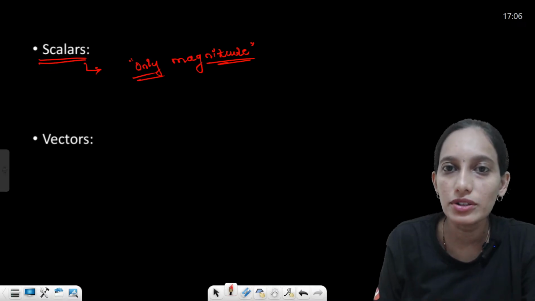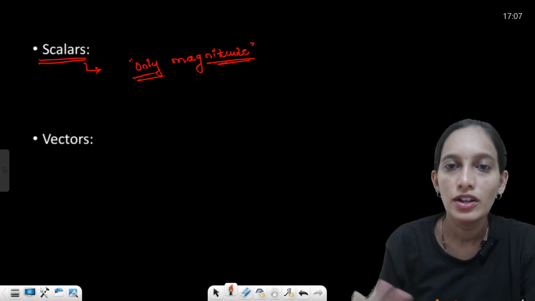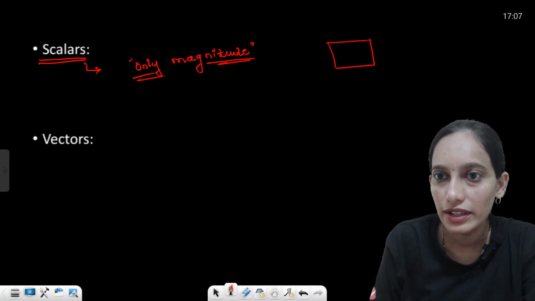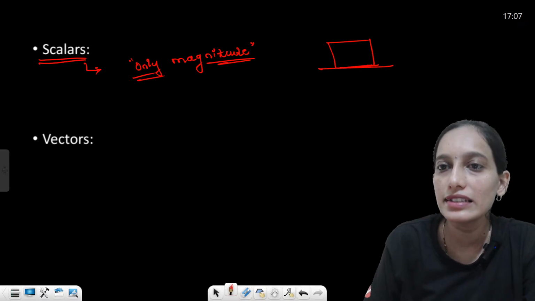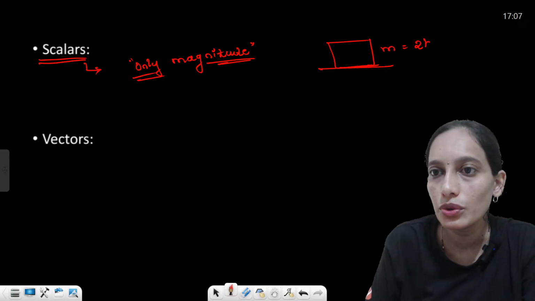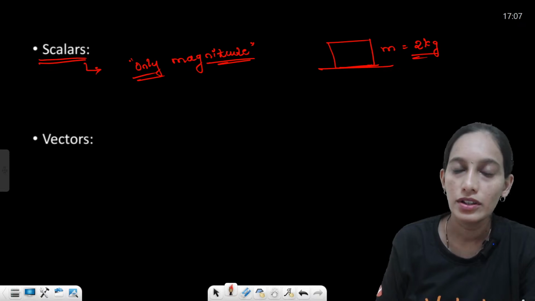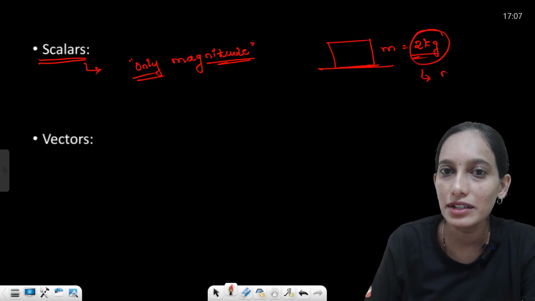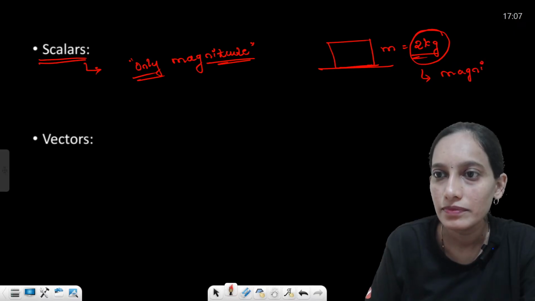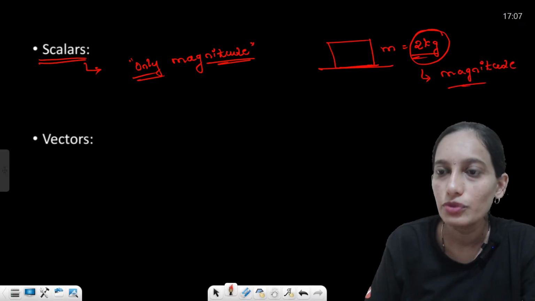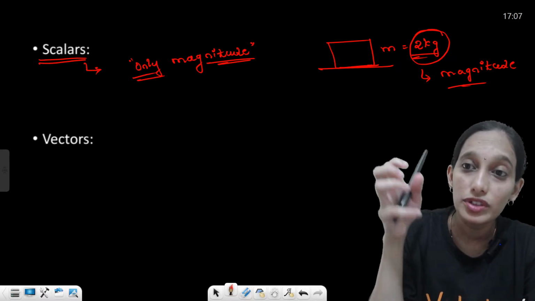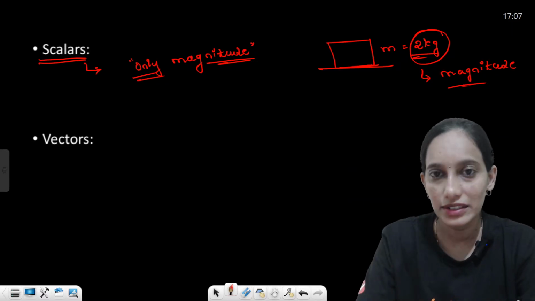So the question is, what is magnitude? For example, there is a block, and let us say its mass is 2 kg. So what is this 2 kg here? This is nothing but magnitude, its value. We measure the physical quantity, it has some quantity in it. That quantity we call magnitude.